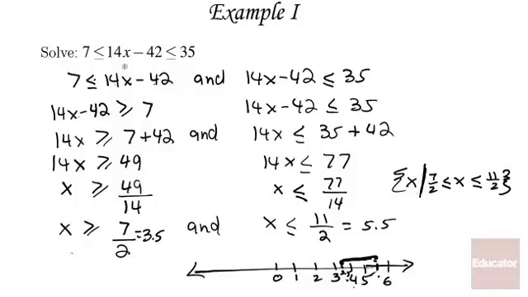Again, recognizing this is really a compound inequality joined by the word and, but it's just a shorthand way of writing it. So I wrote this out as two related inequalities, solved each, and found the intersection of their solution sets.